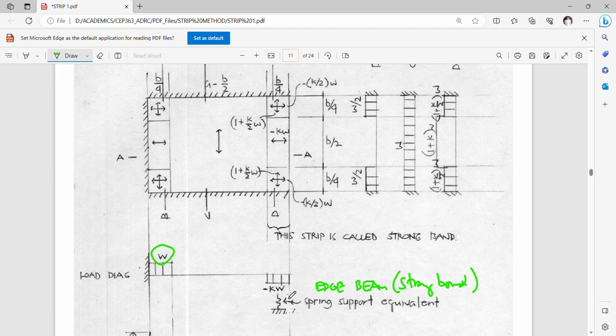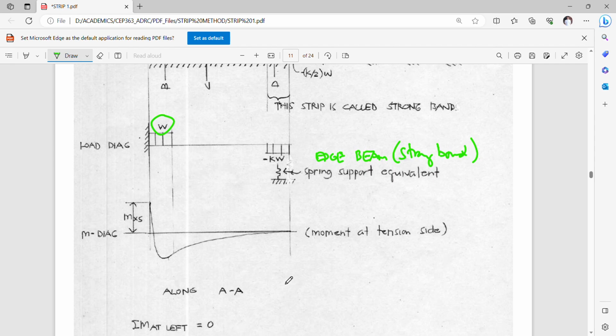So it's a minus kW value, and the moment diagram for this simply is negative moment here, that will give you more or less a value using a cantilever formula, and then suddenly reducing to a zero value moment to tension side, because this is a spring supported roof. It's not capable of withstanding any moment at this point.